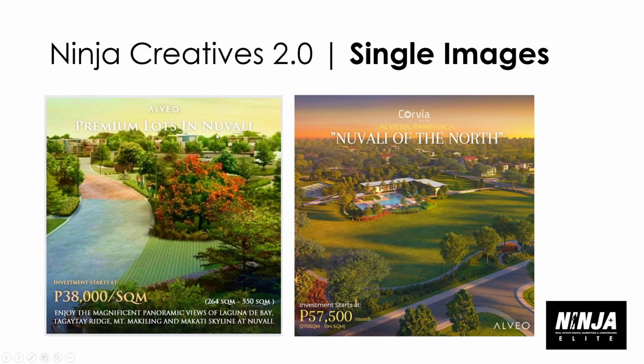And this one right here, Premium Lots and New Valley. So it's just simple and straightforward. And at the bottom right here, we're showing them some pricing and some unit cuts, same here. And right here at the bottom, we just included a little bit of desirable thing about the property. So that's some of the single images.